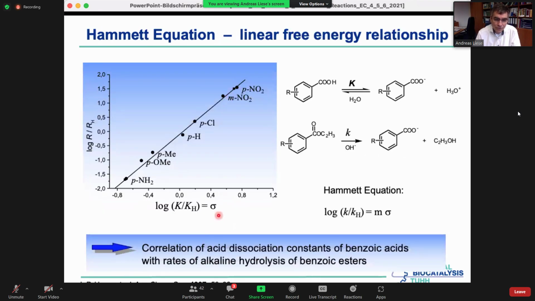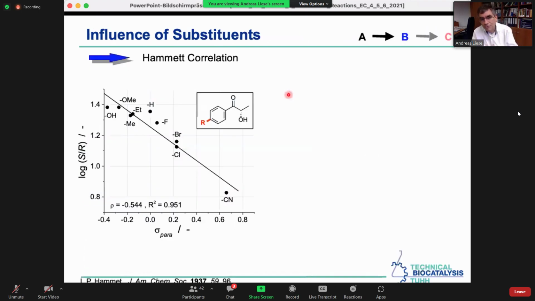The sigma here is this parameter, the dissociation of the benzoic acid for this residue that we are focusing on. Once again, also for the biotransformation, we can see there's a clear correlation between the EE, expressed as the logarithmic ratio of S to R, and the sigma parameter.